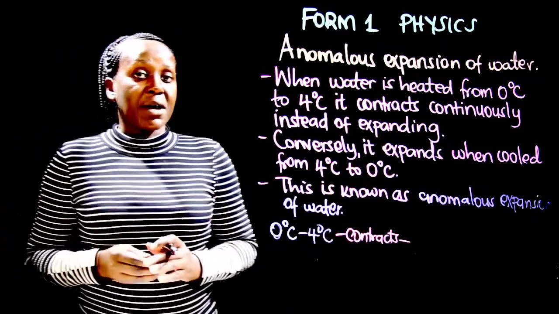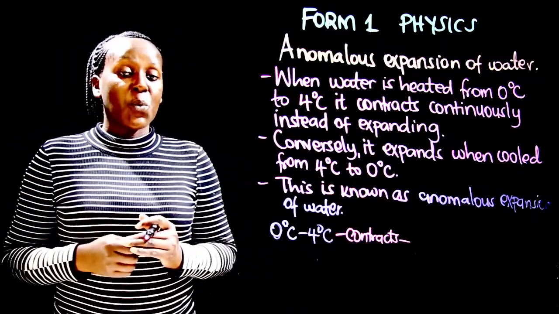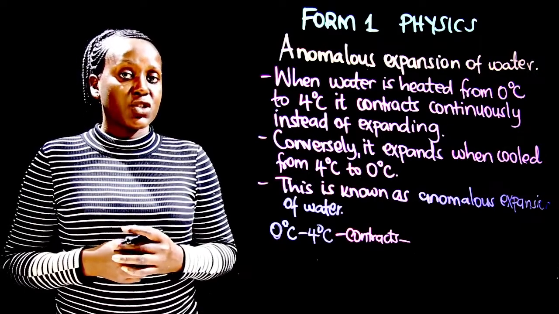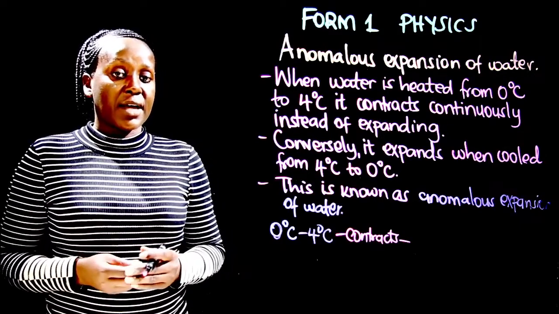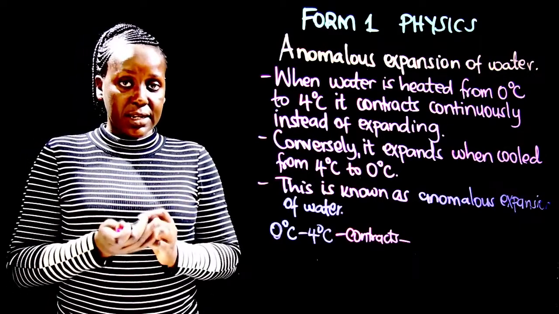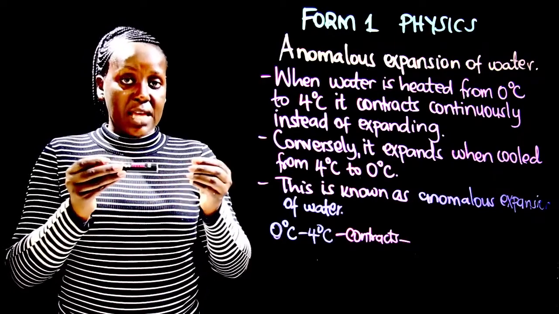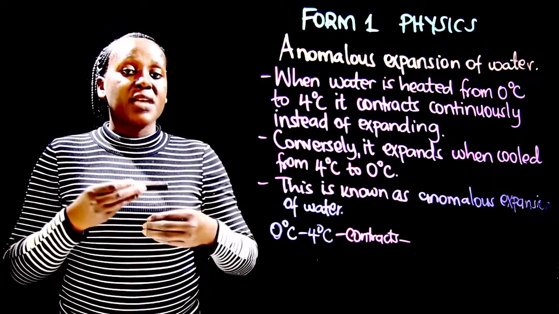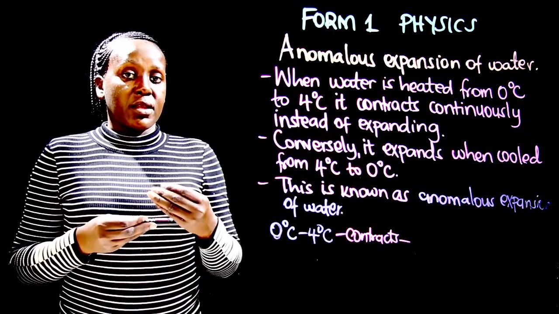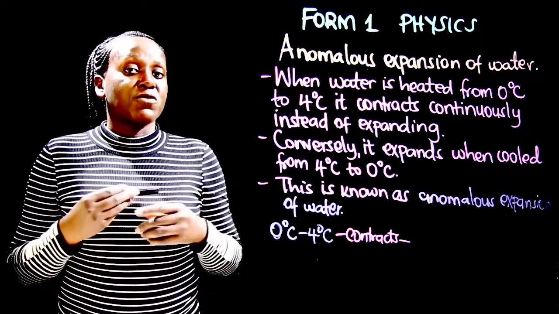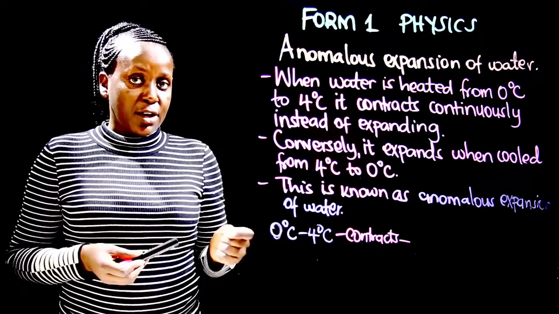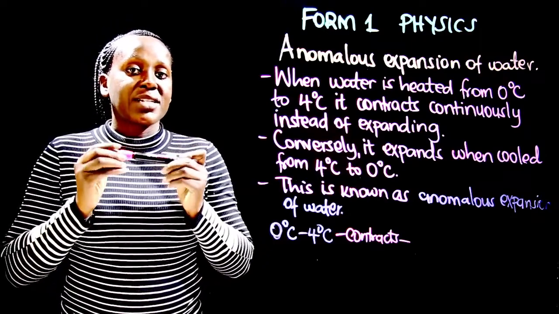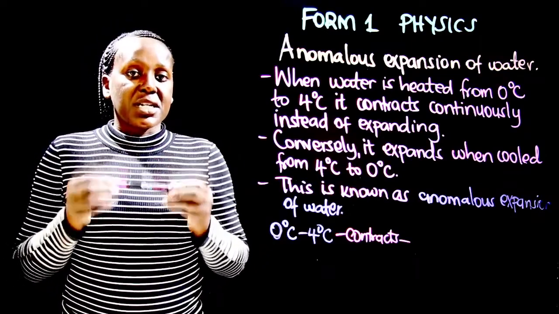Now, if you can remember from our previous lesson, when we were discussing expansion in solids, we agreed that when a substance is heated, it increases in size, meaning that it occupies more space. That means that the volume of that substance increases. So when an object expands, its volume increases.